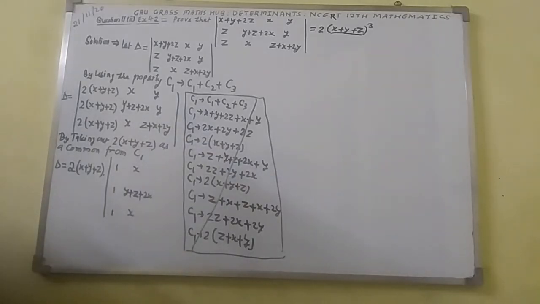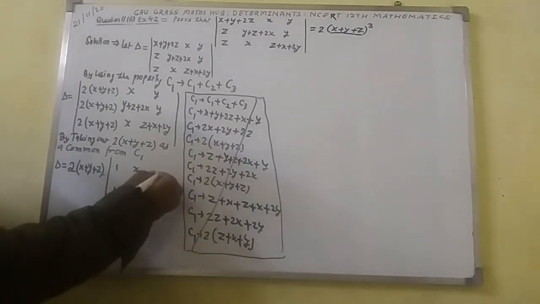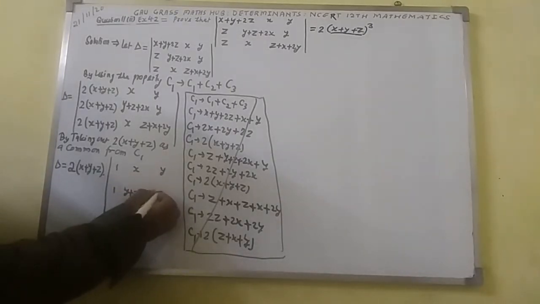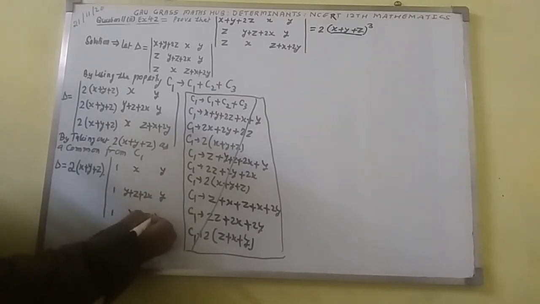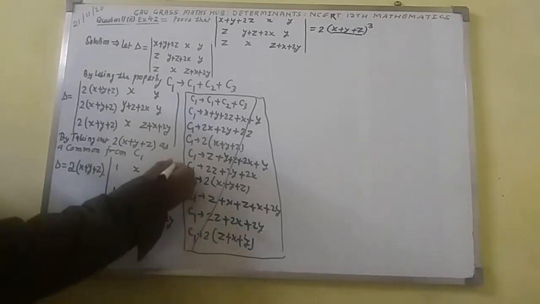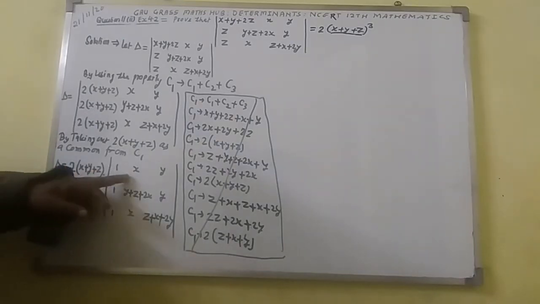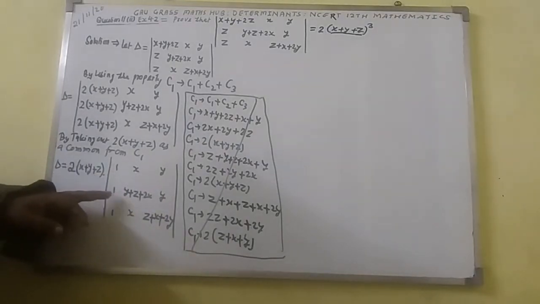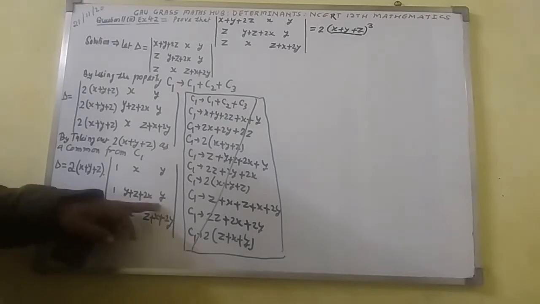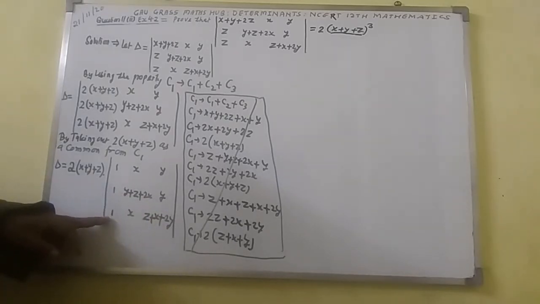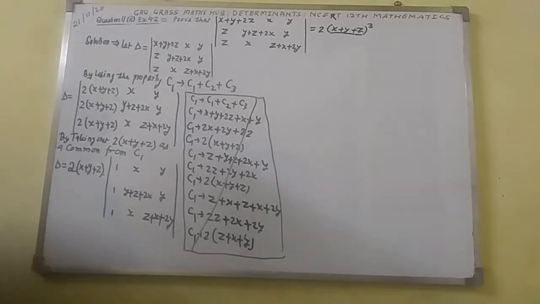The elements of third column will be y, y, z plus x plus 2y. I have got this here.